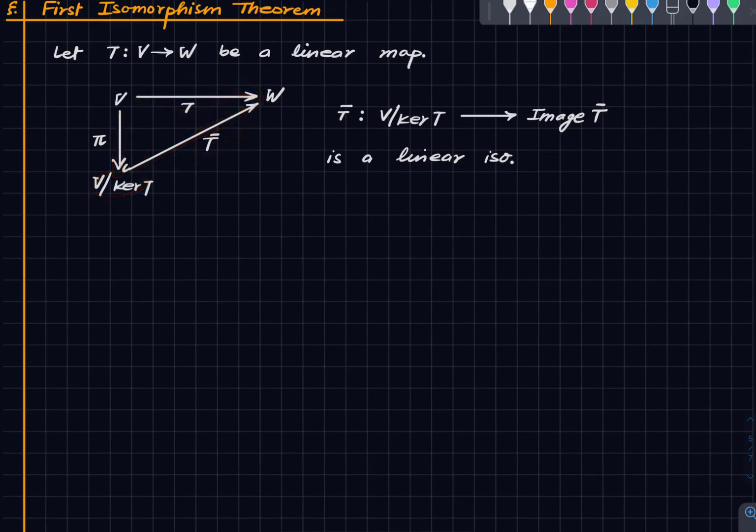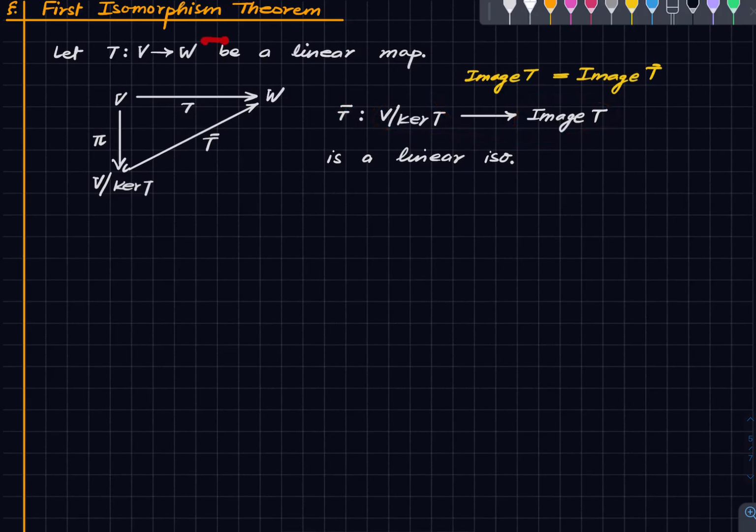Just verify that if that is not immediately clear. Image T is equal to image T bar, and therefore we can remove the bar here. And now, since T bar is a linear isomorphism, we get that the dimensions of these two things are equal.